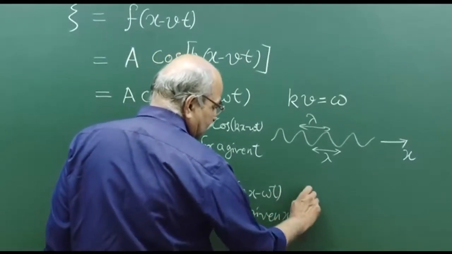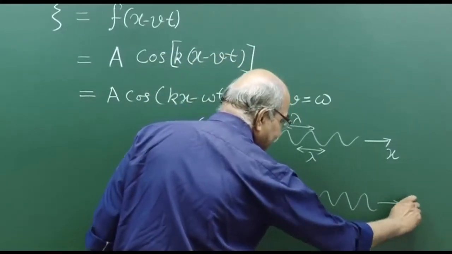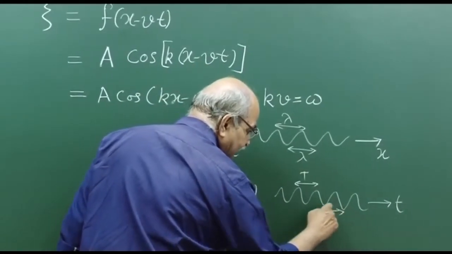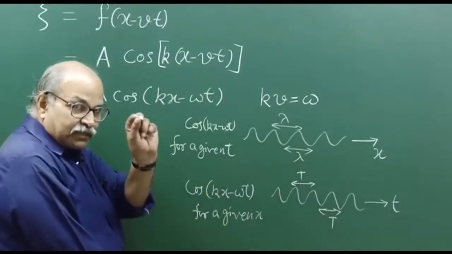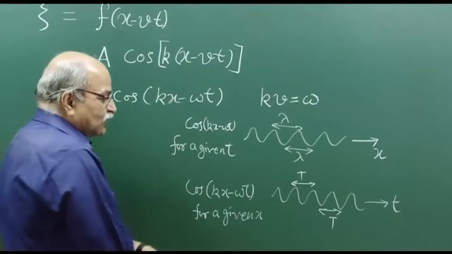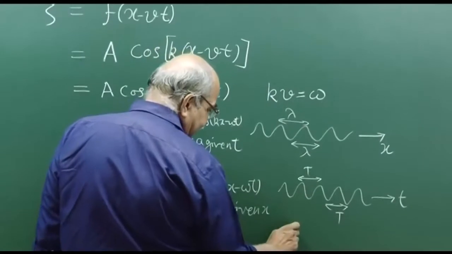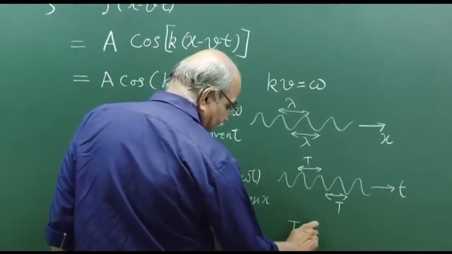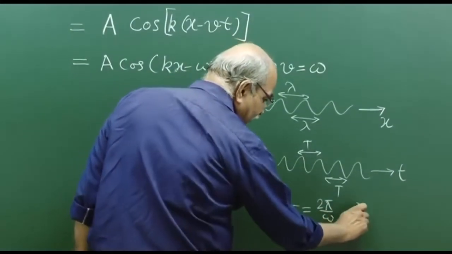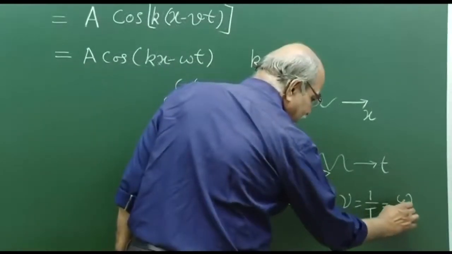So this will also be of that same type, but this time it is time here, and this is the time period, capital T. So x is fixed, a particular portion, it oscillates, and how much time does it take in one oscillation? That is T, and this T and this omega are related. This T is 2 pi over omega, and your frequency, which is 1 by time period, is omega by 2 pi.